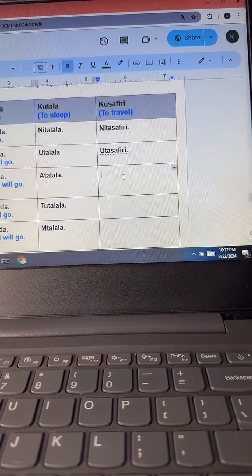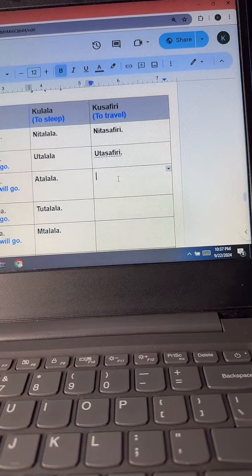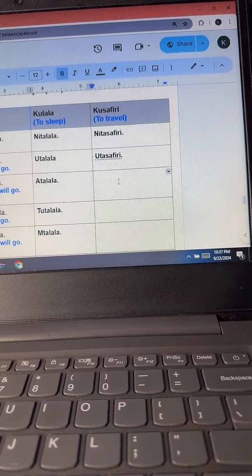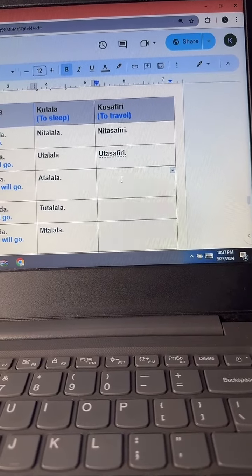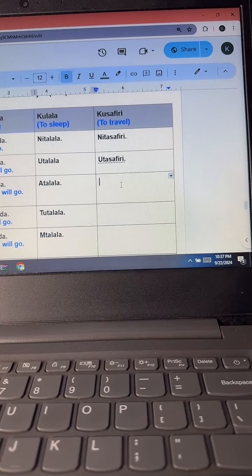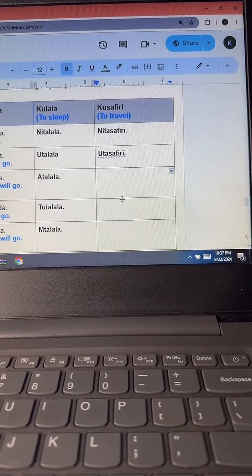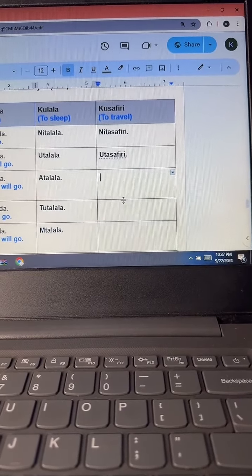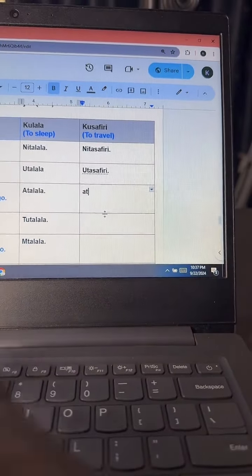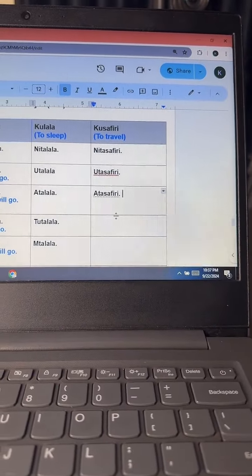Atasafiri kesho vizuri sana. Yeye atasafiri. Asante sana. Yeye atasafiri. Atasafiri.